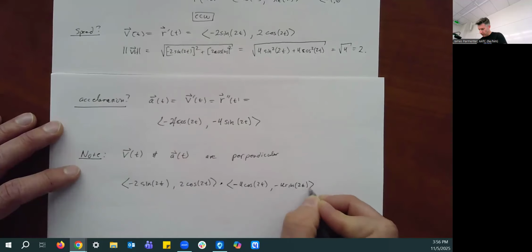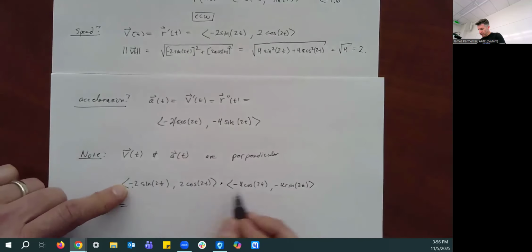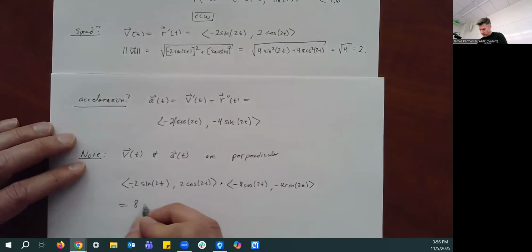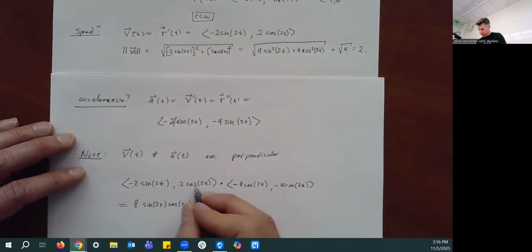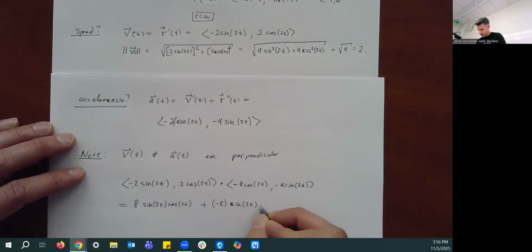I think we're in luck here, because -2 times -4 is +8 sine of 2t times cosine of 2t, plus 2 times -4 is -8 times cosine of 2t times sine of 2t. And those do add up to 0.